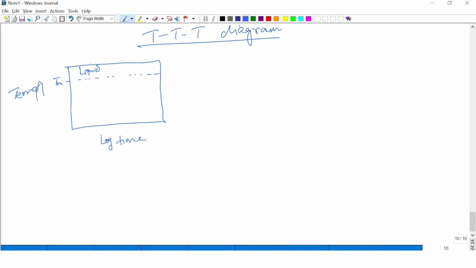So, at a particular temperature, what fraction of solid can be formed, that can be determined experimentally, and when you take those fractions and then plot a diagram, you will get a plot like this, which looks like a C, like this. Okay.